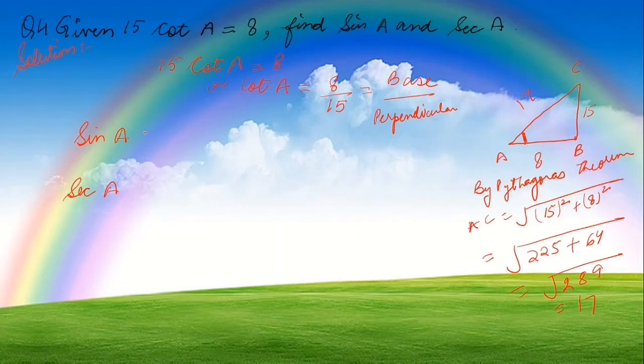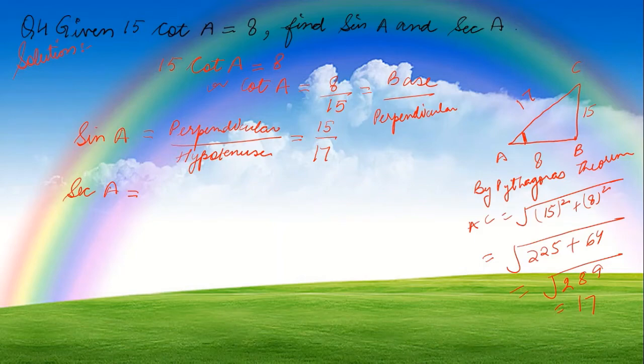Now you know sine is perpendicular upon hypotenuse. So perpendicular is 15 upon hypotenuse 17.